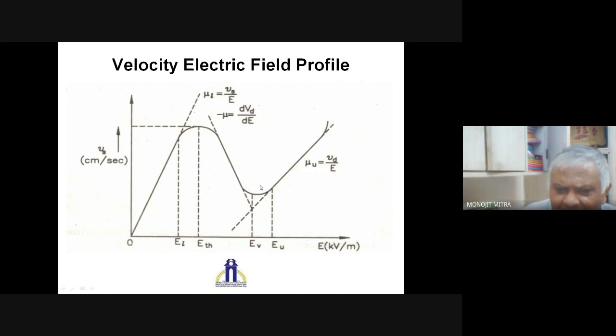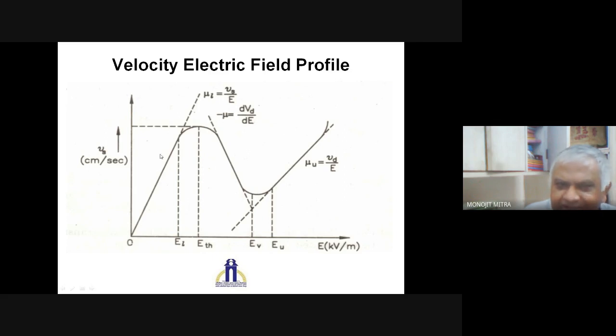And then if we keep applying voltage, why is the mobility increasing again? Because after the valley voltage, the valley electric field or applied voltage is so high that instead of the transfer electron effect, breakdown occurs, that means a large number of electrons move from the valence band to the conduction band, and as a result mobility starts to increase again.